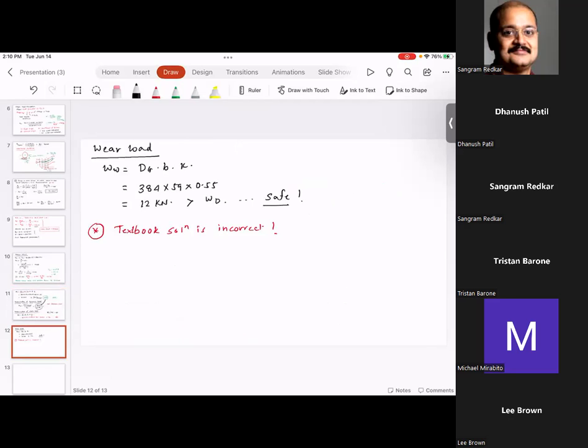And then next thing is we find out the wear load, and the wear load should be greater than the dynamic load. So please keep that in mind when you work out the problem, or for that matter, when you refer to the textbook for the worm gear design.